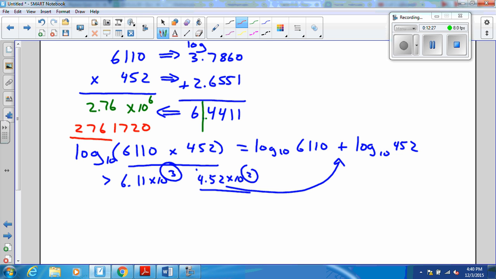And you can see that to 3 significant digits, we nailed it. And that's really all that's needed from an engineering perspective.